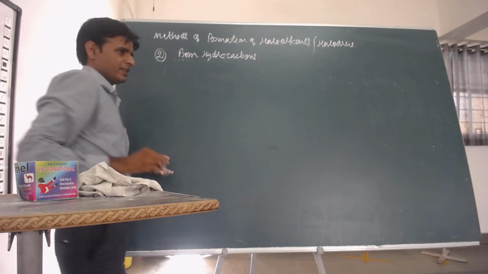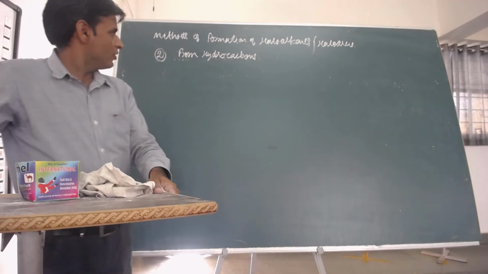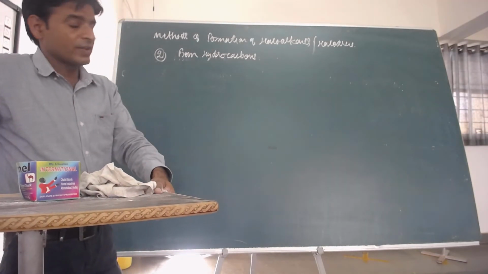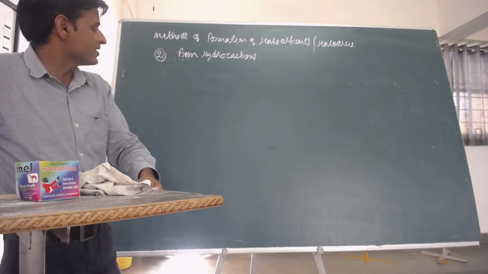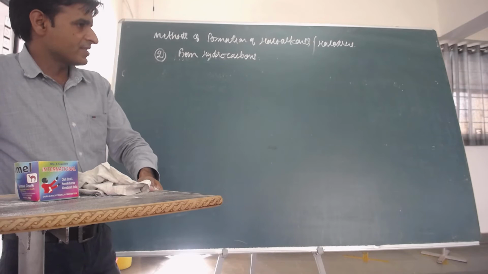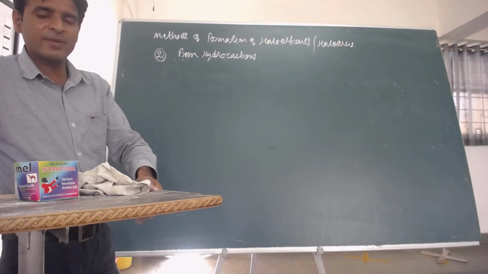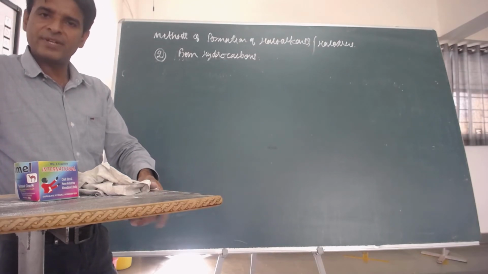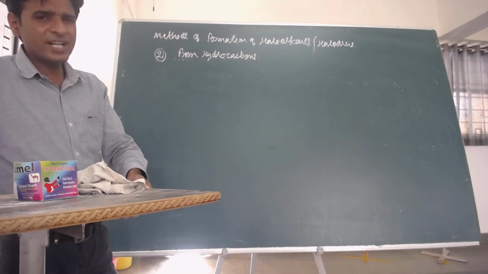There are so many ways to obtain haloalkanes or haloarenes from hydrocarbons: by radical substitution reactions, by electrophilic substitution reactions, by Markovnikov reactions, by Finkelstein reactions. There are so many ways.